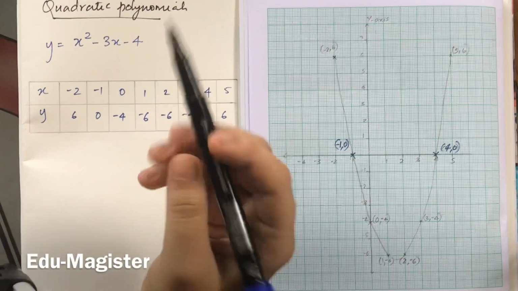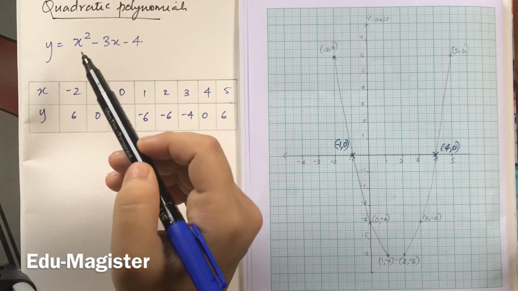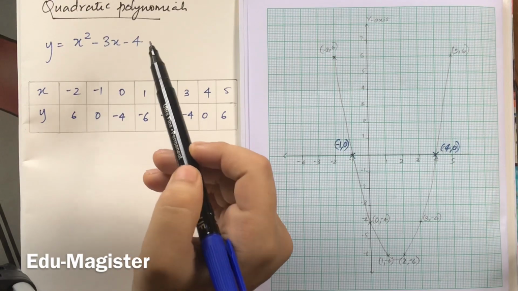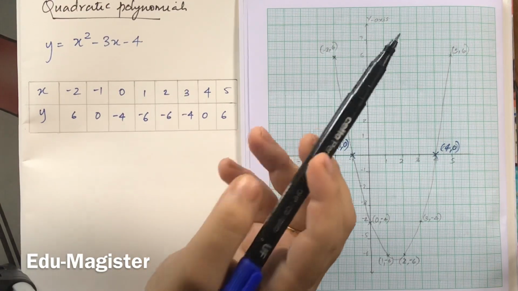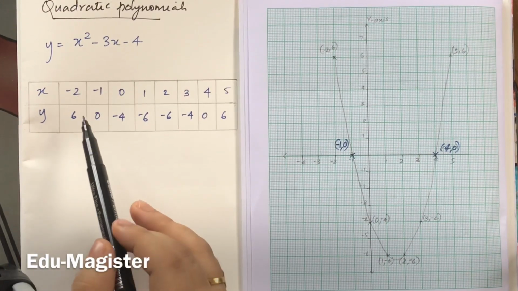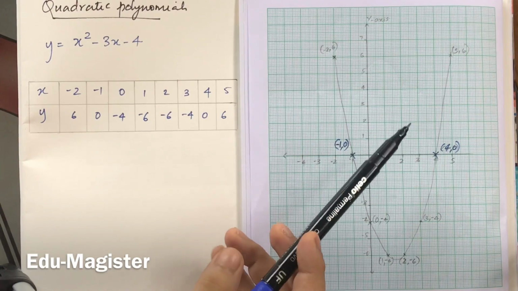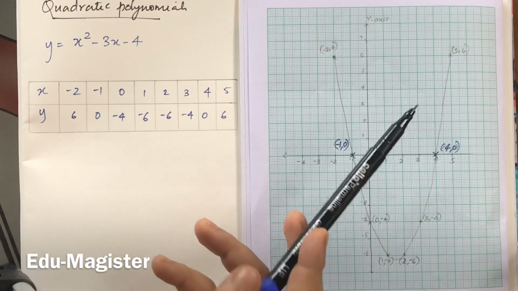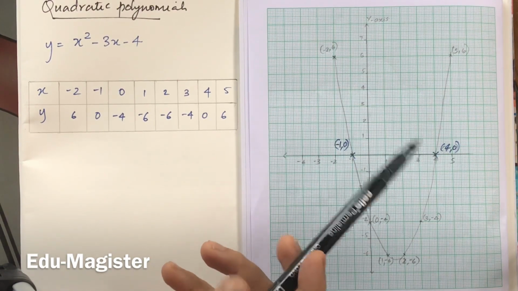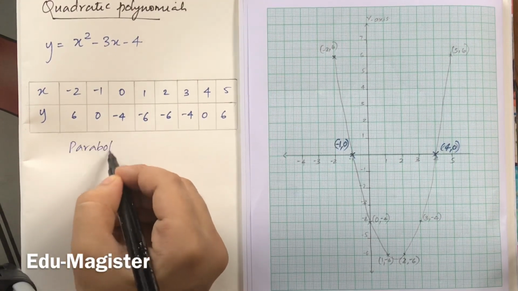Now, let's look at the same for a quadratic polynomial. For example, the polynomial x square minus 3x minus 4. In order to plot this on the graph, you have to take different x values and find the corresponding y values and plot them on the graph. And the graph would look like this. This shape is known as a parabola.